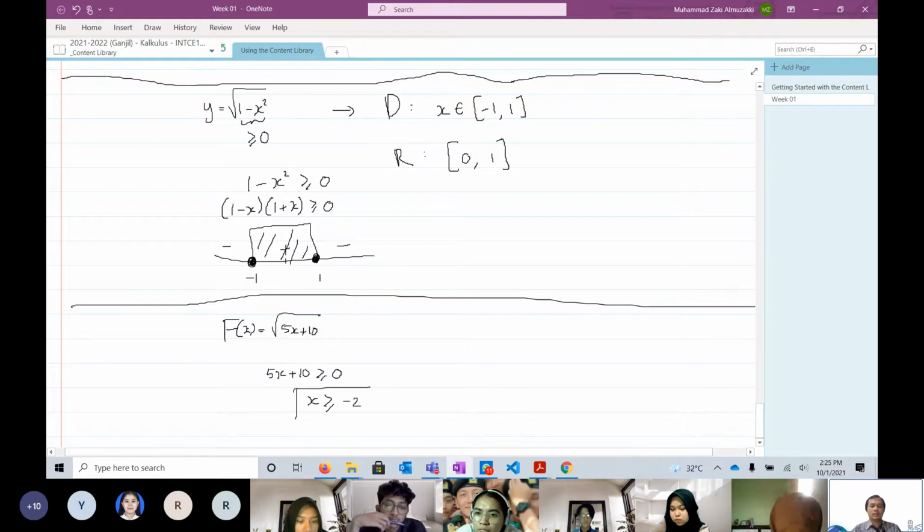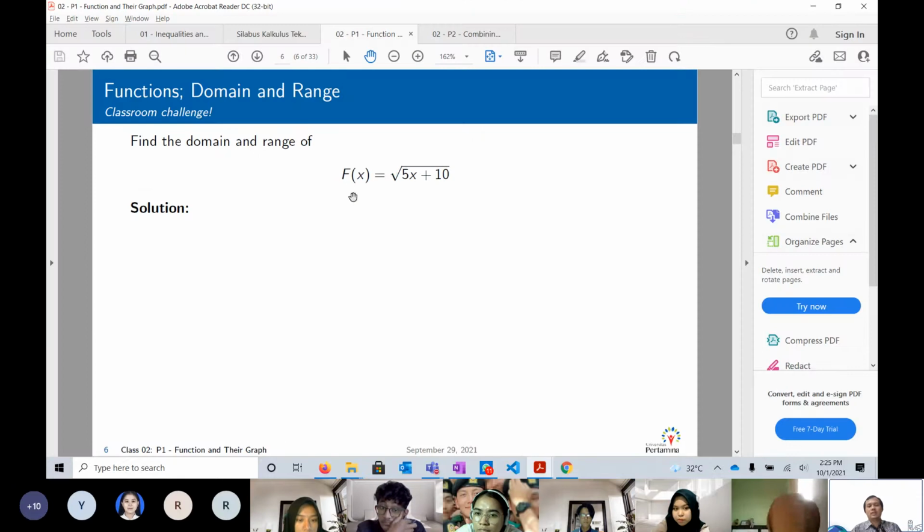This is the domain. What is the range of this function? Zero to positive infinity. Correct. So the range for this function is also from 0 to positive infinity. So this is still an easy challenge.